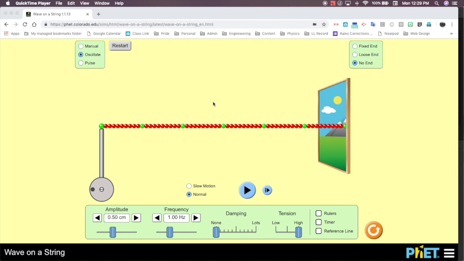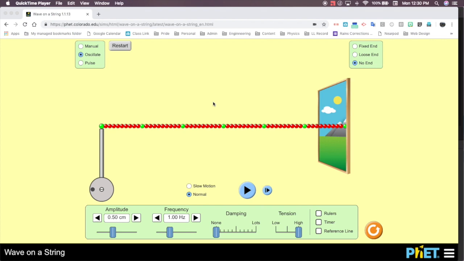So for you to complete one wave in 1 second, you have a frequency of 1. If you complete 2 waves in 1 second, then the period it takes to go 1 would be 0.5.